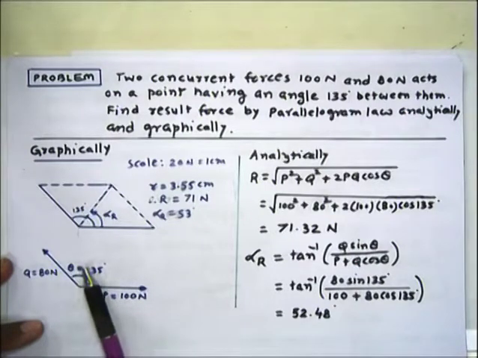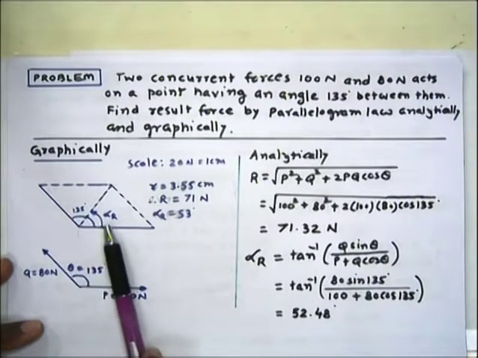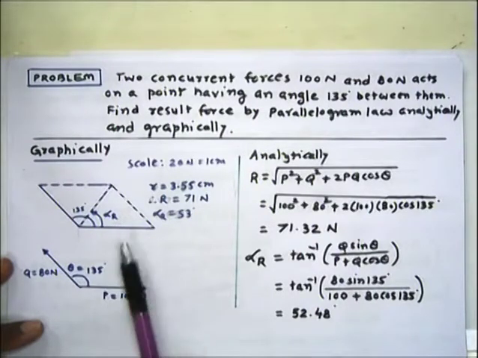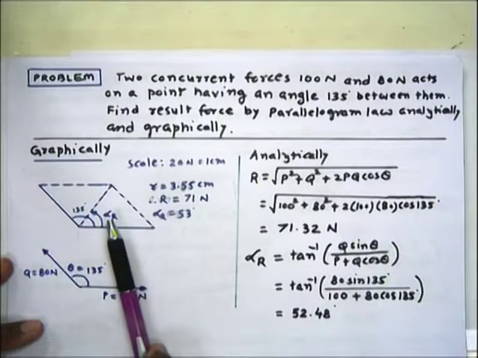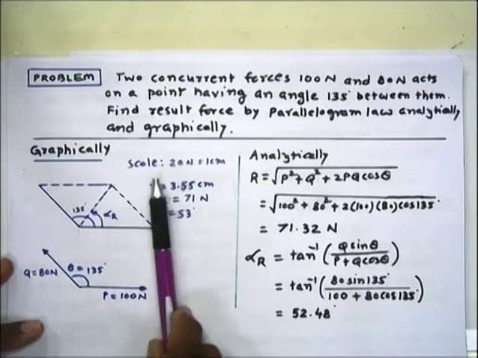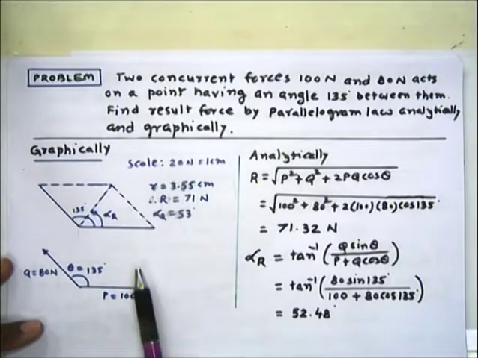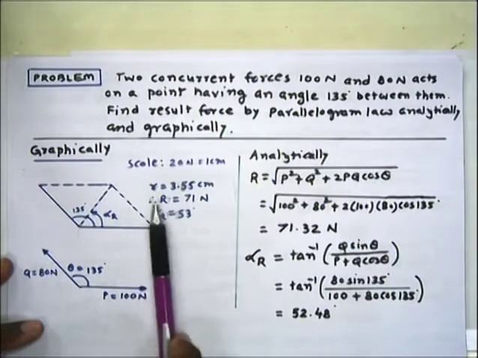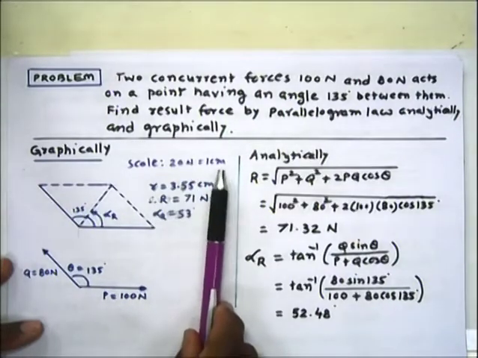Then using this space diagram we will draw the parallelogram. So for drawing this parallelogram we are taking this scale. Suppose here scale is taken 20 Newton is equal to 1 centimeter.